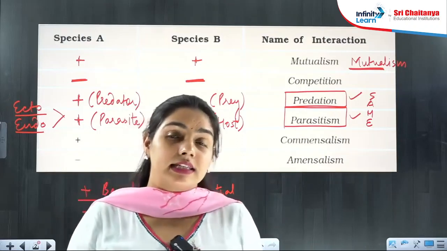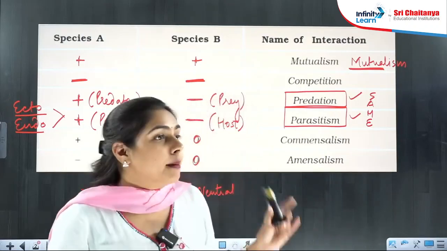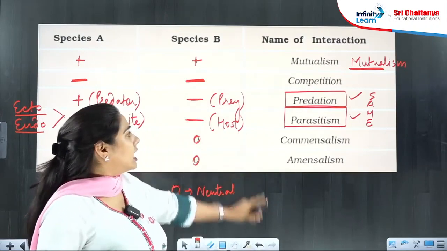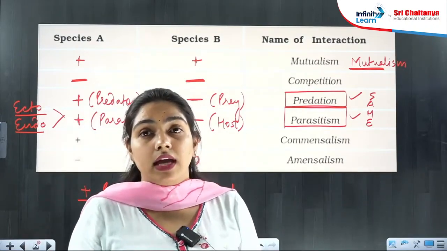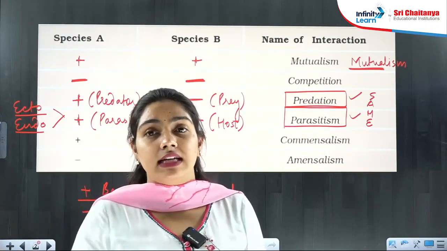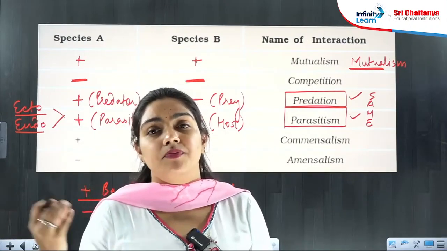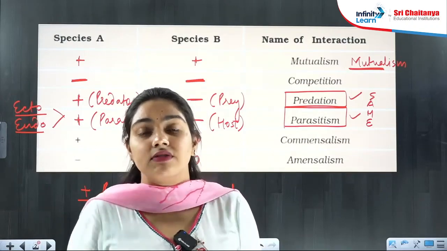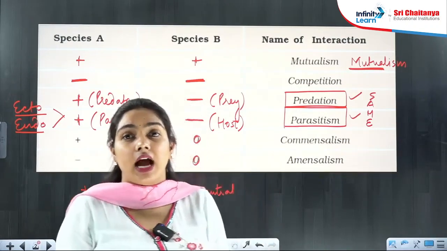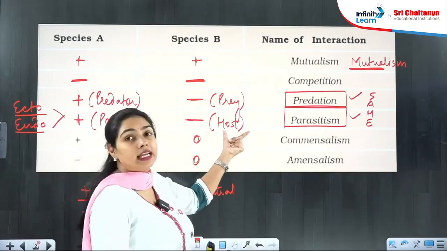In parasitism, one is called parasite and one is called host. Host is getting harm. When a human is infected with plasmodium, disease is caused, no? So human is getting the harm. Alright, so host is getting the harm.